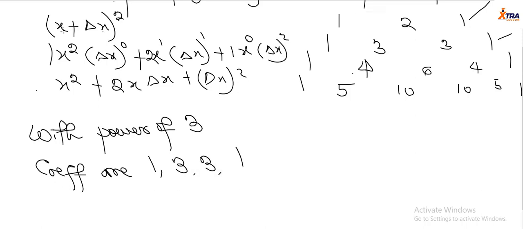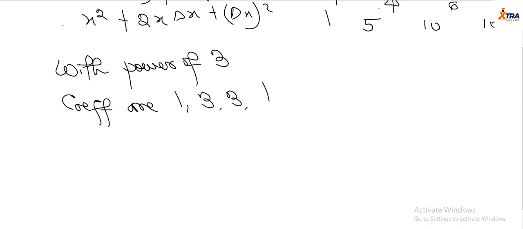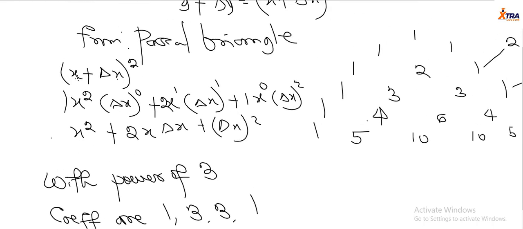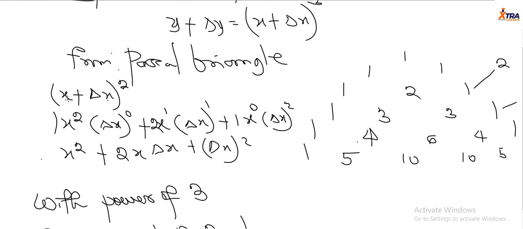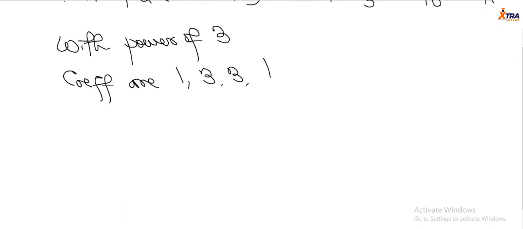So now from here, we have y plus delta y equals x plus delta x, all to the power 3.